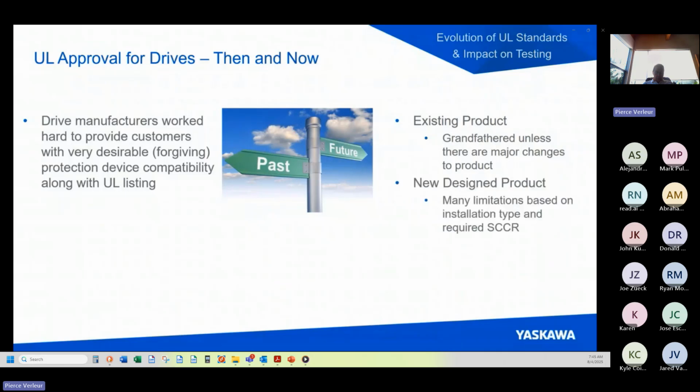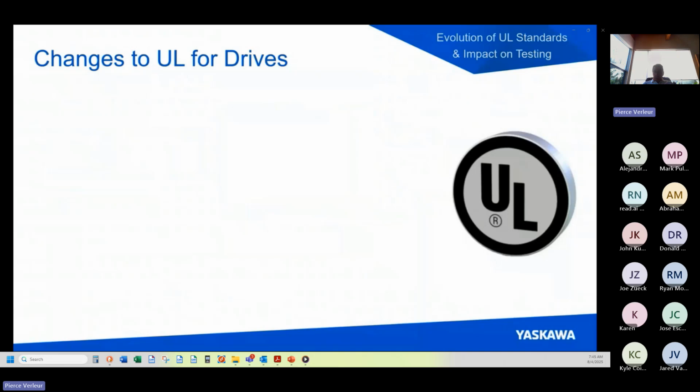But new product, under the new UL testing requirements, has many limitations, based on installation type and the required short circuit current rating that customers need. So let's talk about the changes.